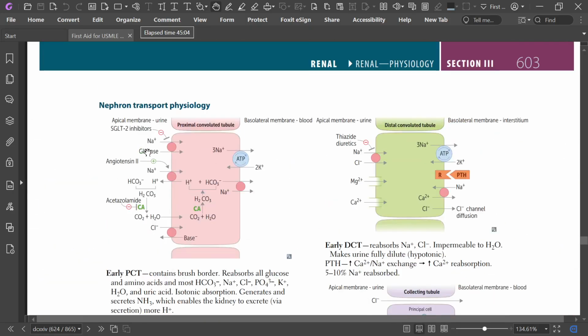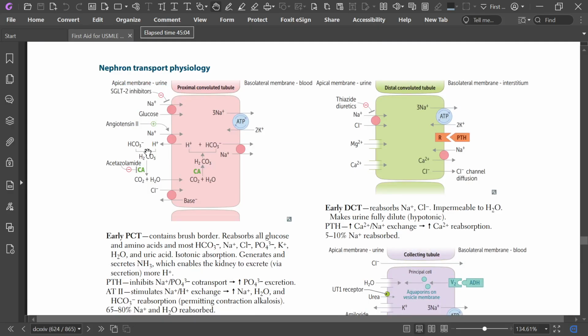Okay, this is the nephron transport physiology.